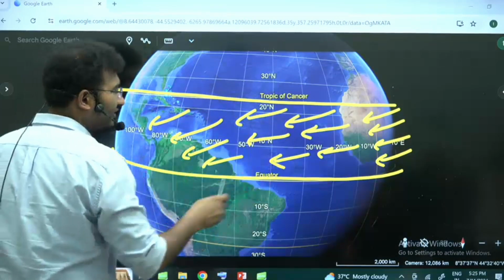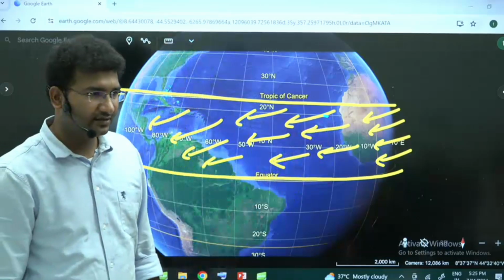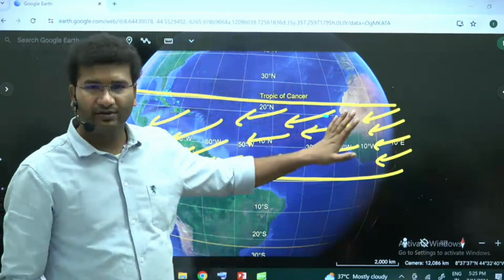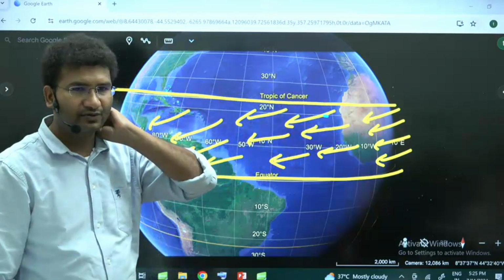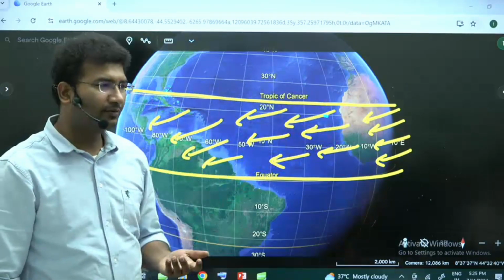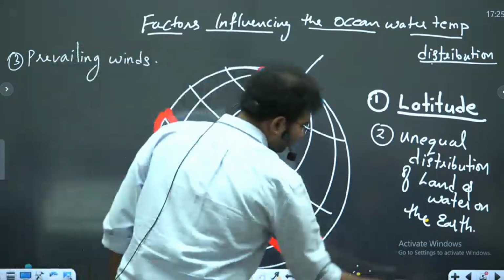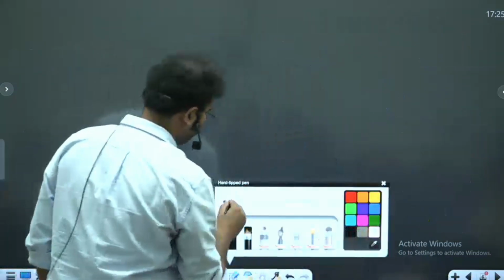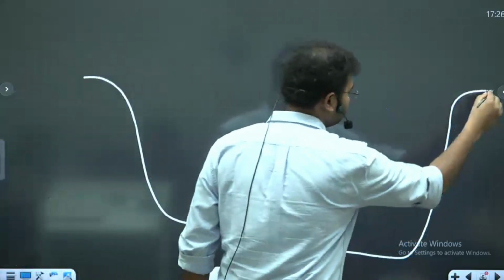Now, don't you think the water should also move in the same direction? The same diagram I will draw in a different way, and I will explain how the winds influence the distribution of ocean water, which leads to the formation of currents. So, let's see. Imagine this is your ocean.